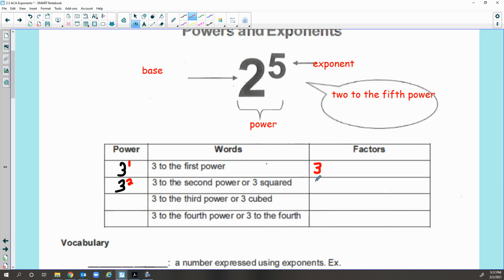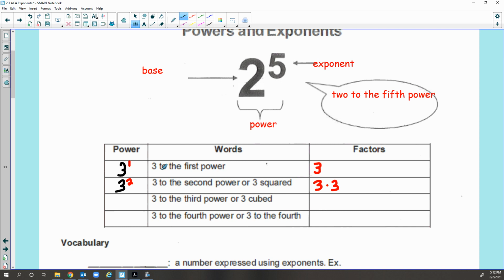But what does that mean? It really means we're taking 3 times 3. Now I know what you're thinking. Wouldn't that be 3 times 2? No, it means that we're going to repeat the base however many times it says as the exponent. So that means 3 would be repeated twice.